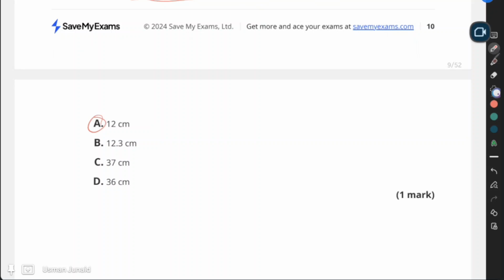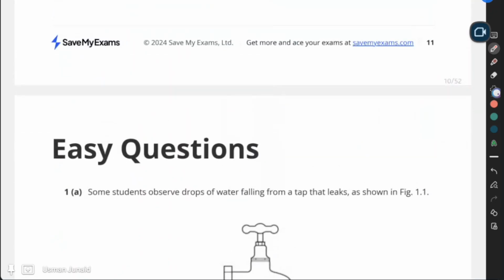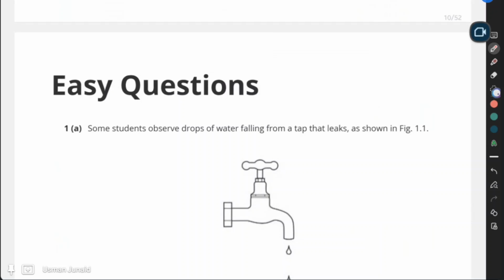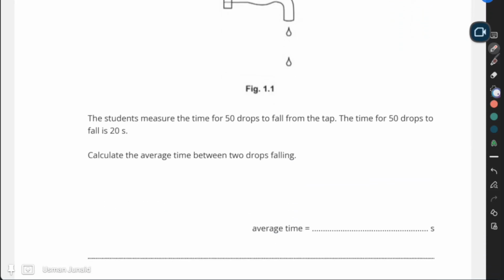Okay. Let's look at some theory questions. Some students observed drops of water falling from a tap that leaks as shown in figure 1.1. The student measures the time for 50 drops to fall from the tap.